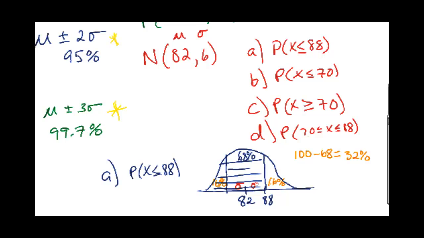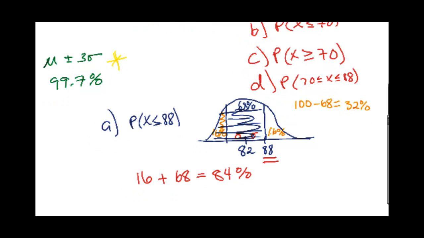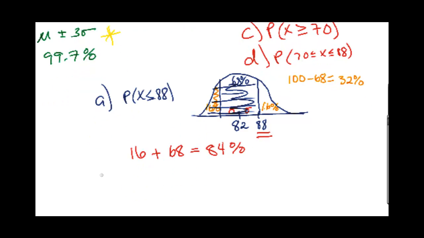If I want below 88, it would be this portion, which is 16, plus this portion, which is 68. So 84% of the class was below that raw score of 88, because it was exactly 1 standard deviation above. We were able to do this with the empirical rule.